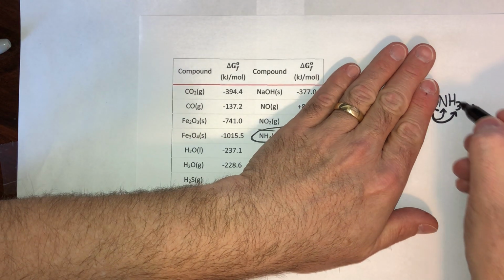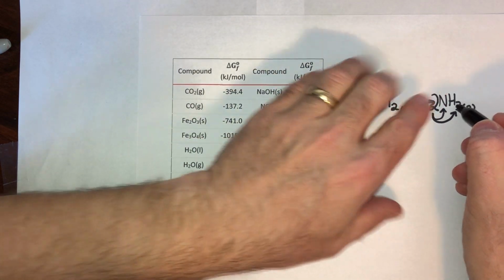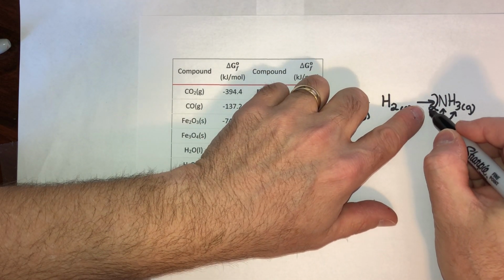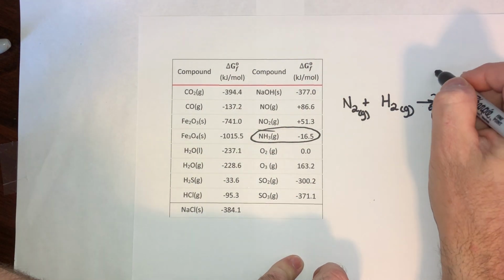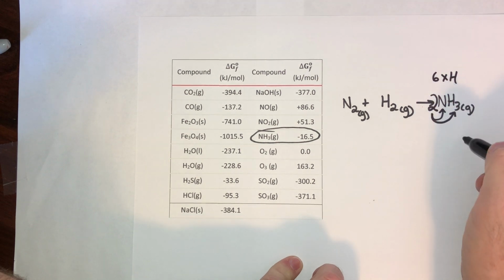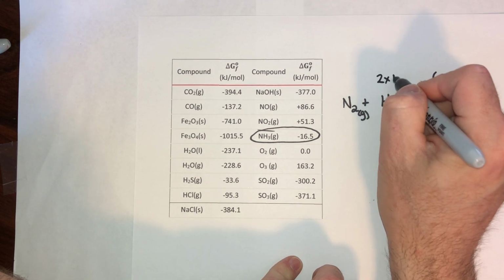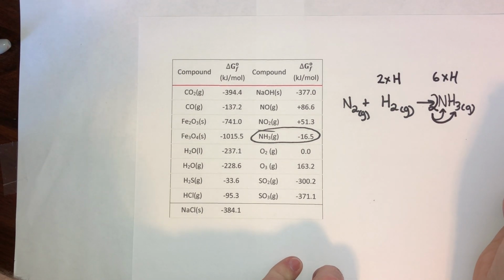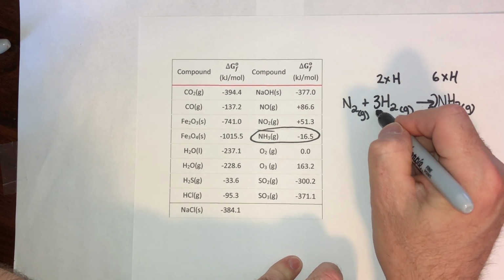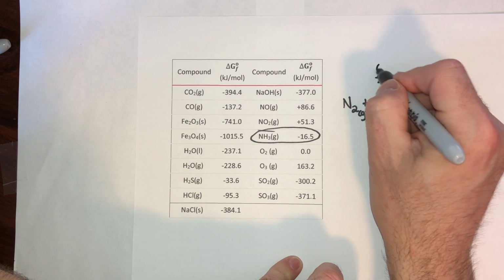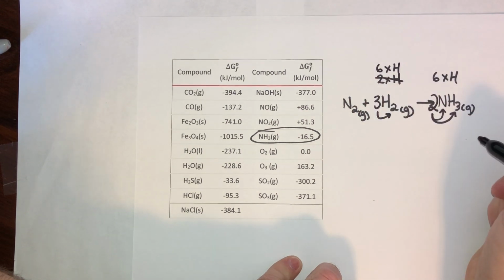Originally, there were 3 hydrogens in NH3, but now I put a 2 out in front, so that's telling me that I have twice as many. 2 times 3 gives me 6. I've got 6 hydrogens over here, but only 2 hydrogens on this side, and they need to balance. So if I put a 3 in front, 3 times 2 would give me 6 hydrogens.